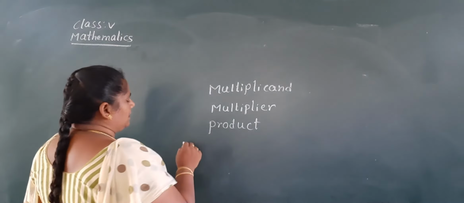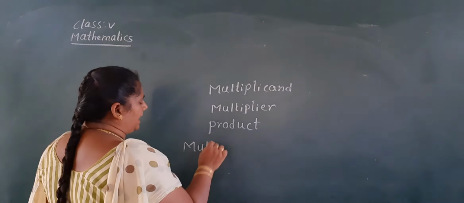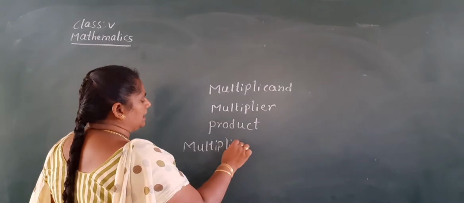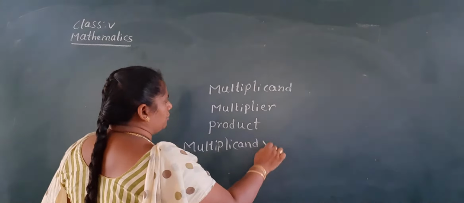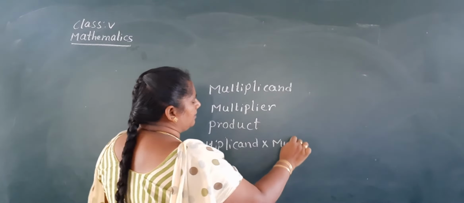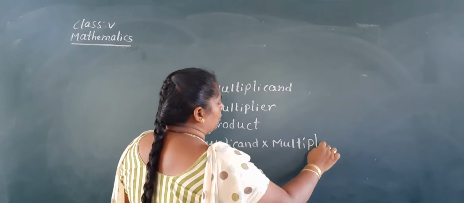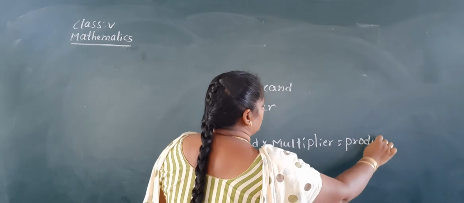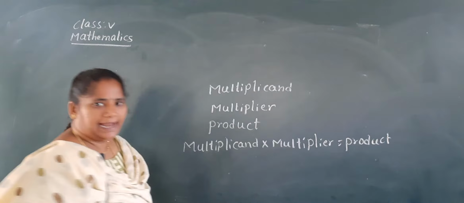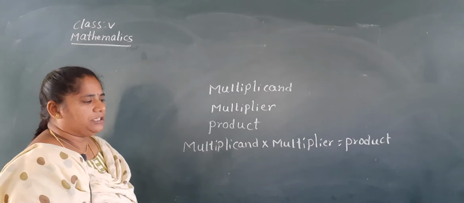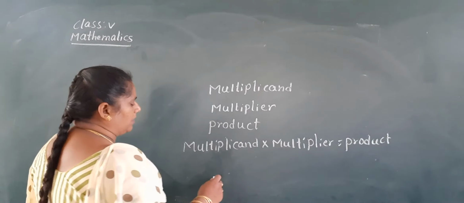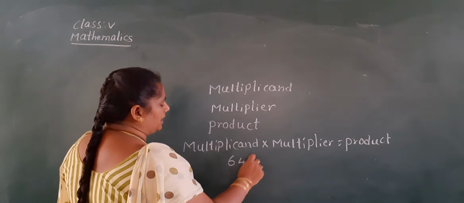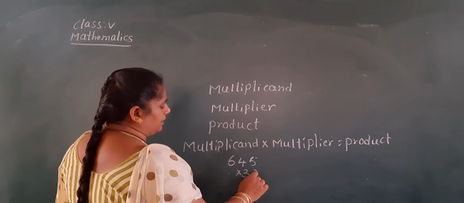And here the relation is multiplicand into multiplier equal to product. Okay, ma? So suppose let us take one number, 645 into 32.